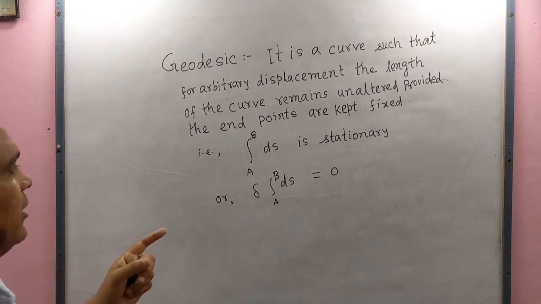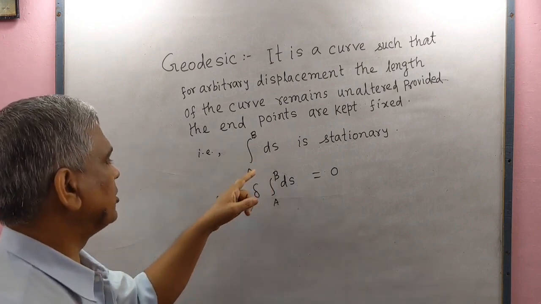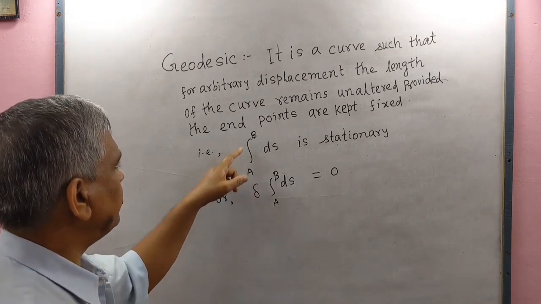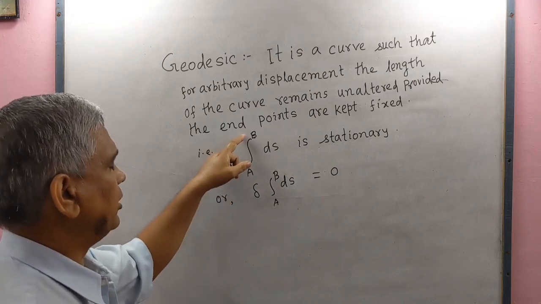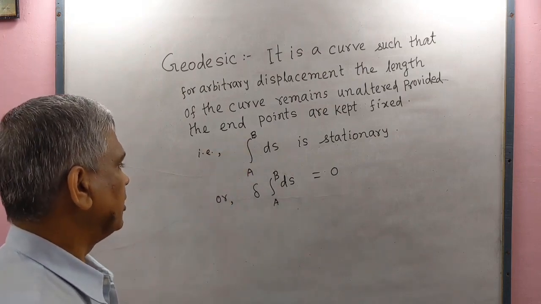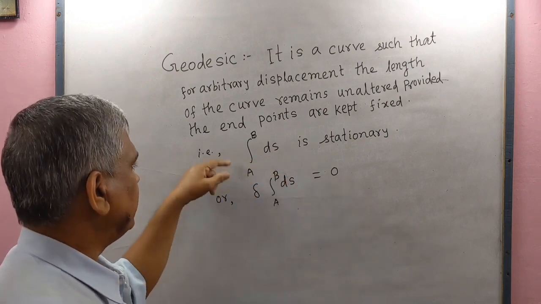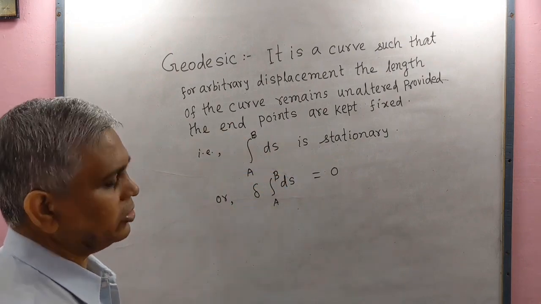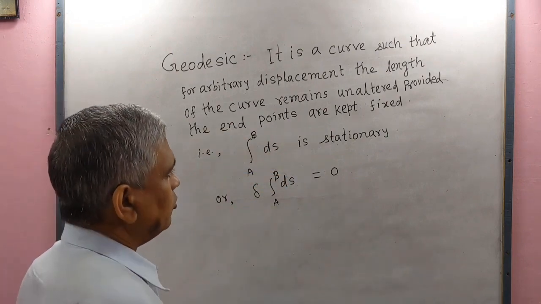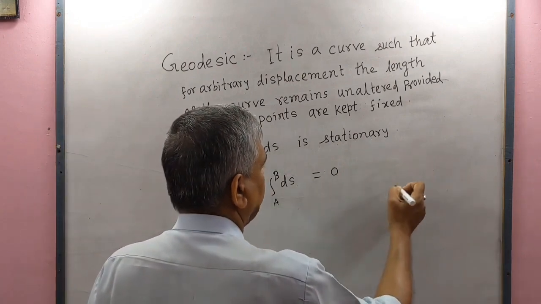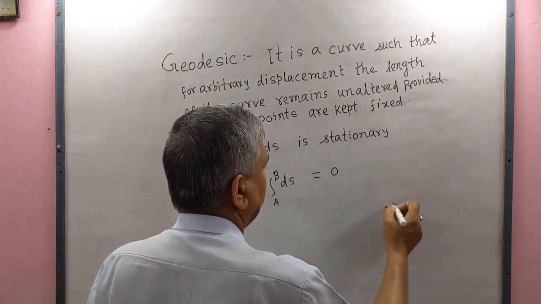That is, the integration of ds from point A to B is stationary, or the derivative of this quantity is 0.